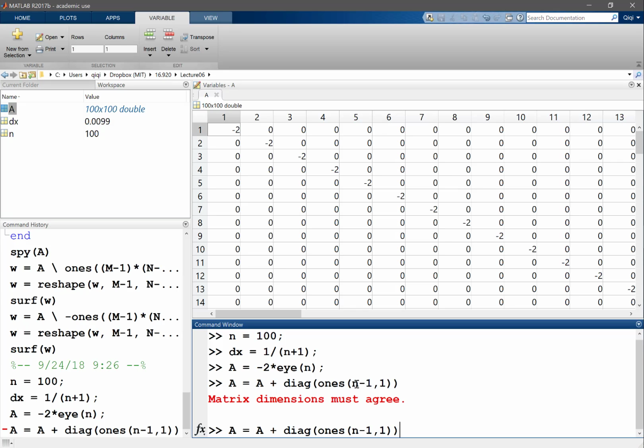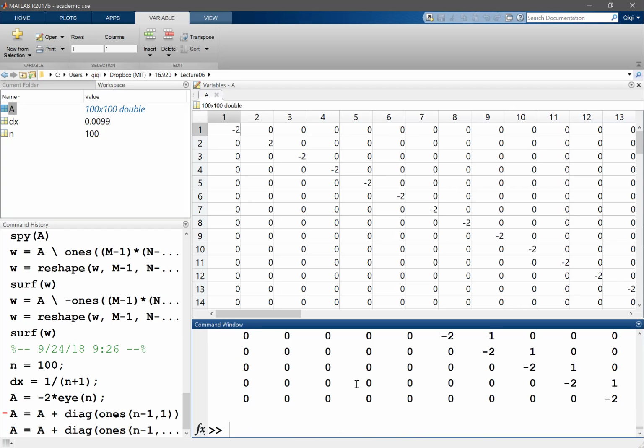But there is an additional argument in diag that you can give, which is to shift this diagonal above or below. So if you give it 1, it'll create an n by n matrix with the given vector as diagonal shifted up by 1 entry. And you can also shift down by 1 entry by providing a -1.